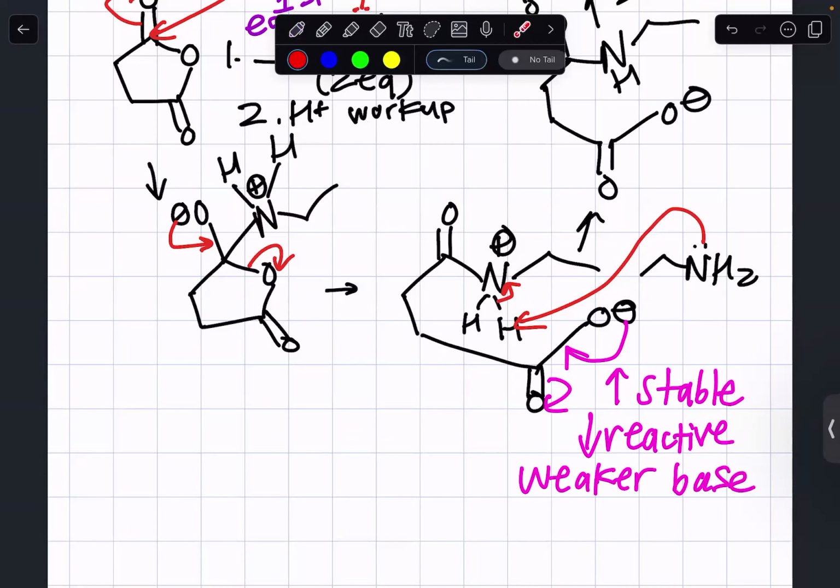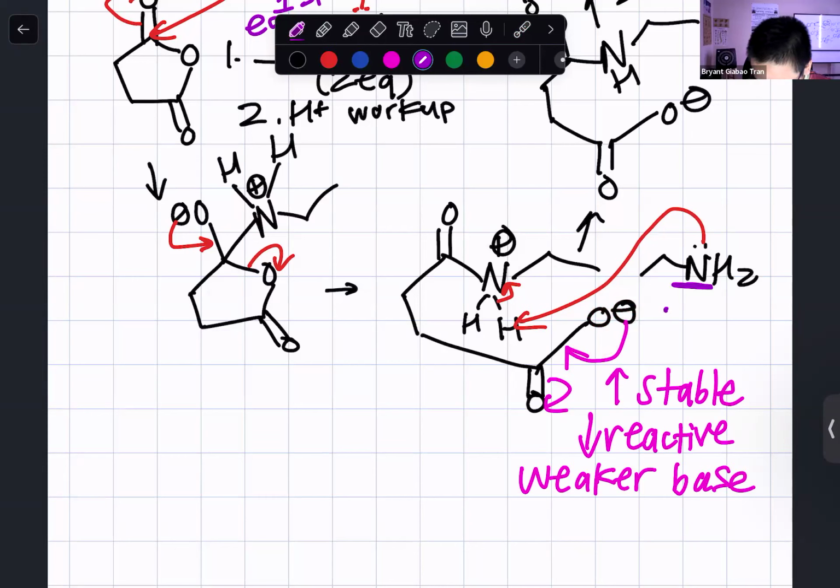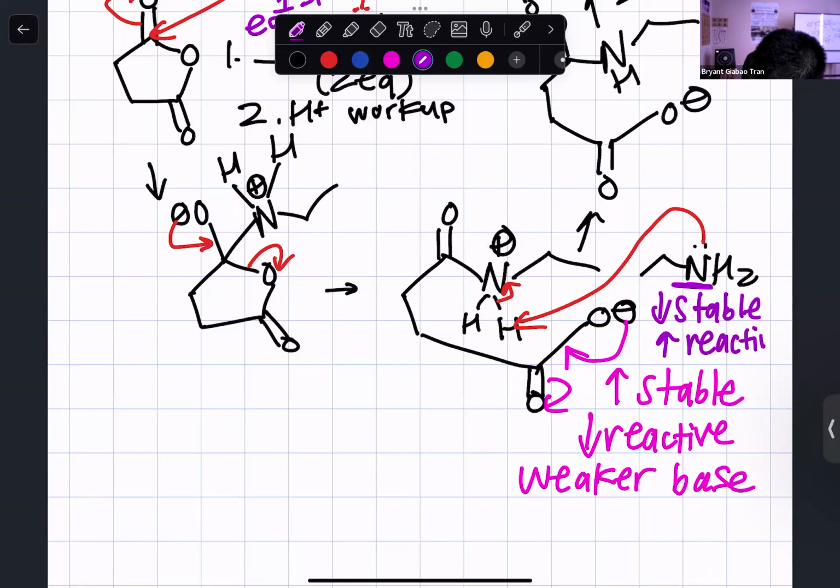I see. Okay. Thank you. It's already a weaker base because oxygen is less electronegative, but this negative charge here is even weaker because of resonance. Gotcha. Whereas nitrogen here has no resonance at all, which makes it less stable, more reactive, making it a stronger base. Right.